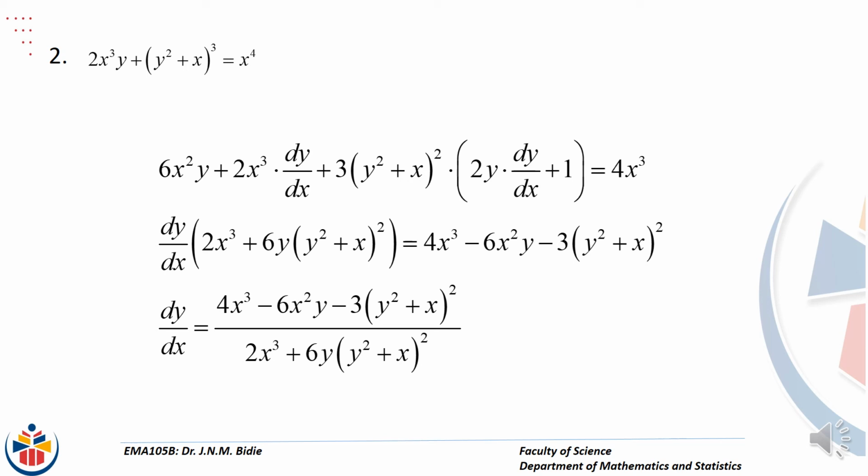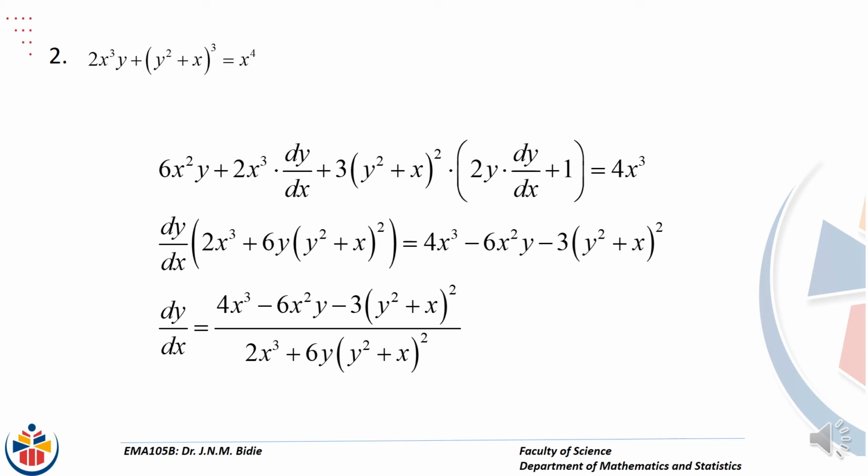We've got 2x cubed y plus y squared plus x all to the power 3 equal to x to the power 4. Differentiate each term. That's the first thing we do. So we've got here 6x squared y, which comes from the derivative of x cubed, which is 3x squared.